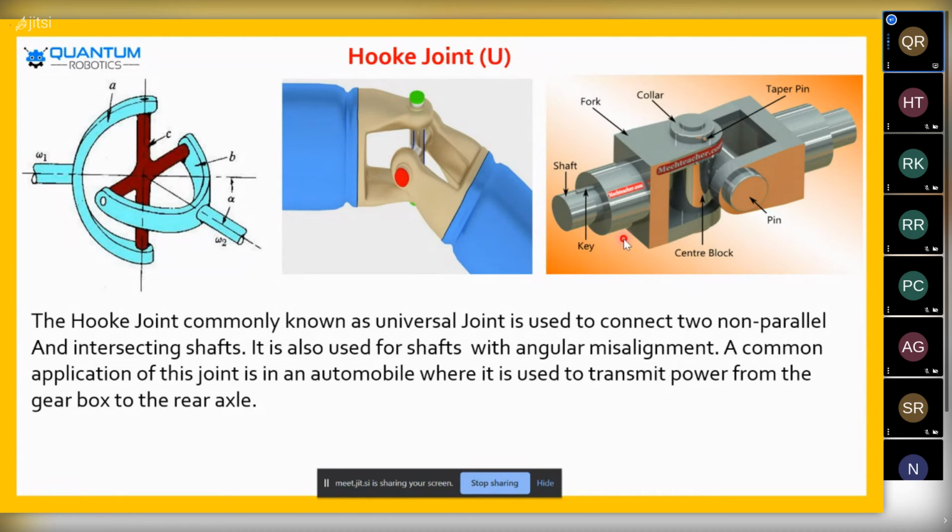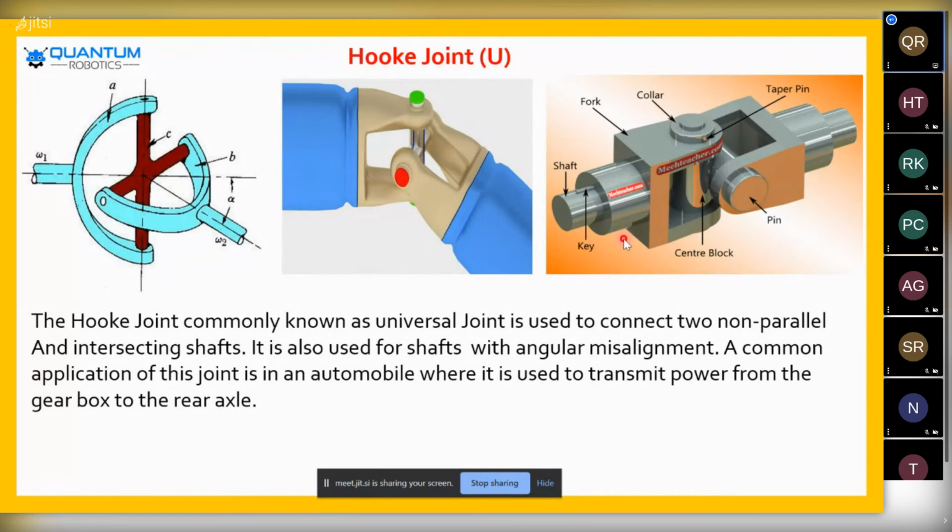In these two angles, the collar bears the two axes of rotation. And the pin connects, working like a rivet. You know what a rivet is. A rivet is the interconnection between two joints or two parts. Like that, the pin works.